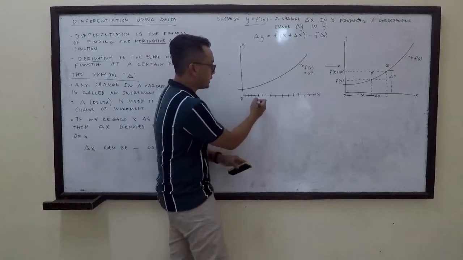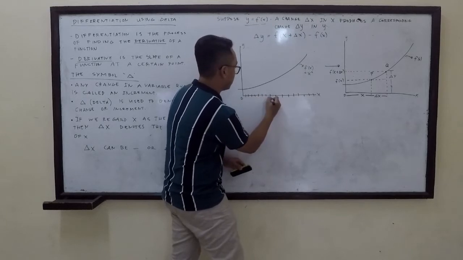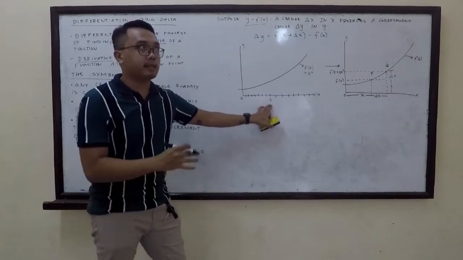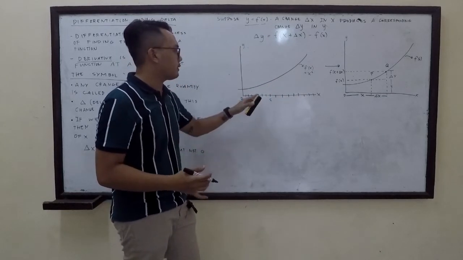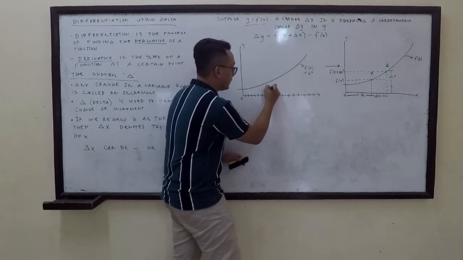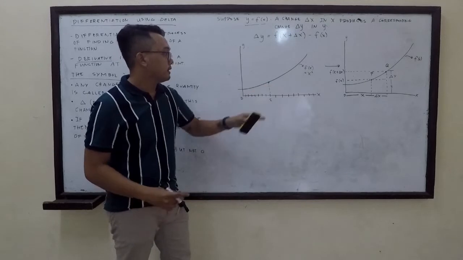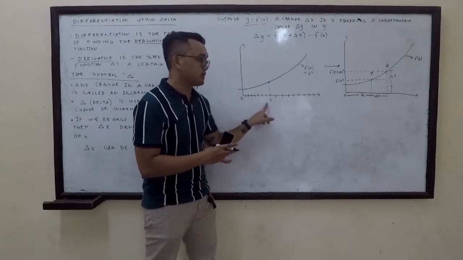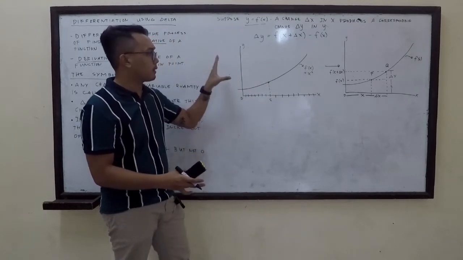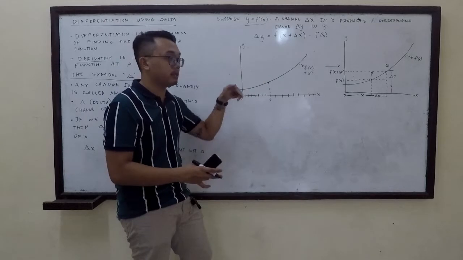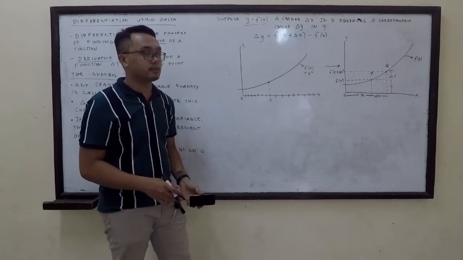So for example, if the distance is 8 meters, we can get the velocity at that point in the distance using derivatives.